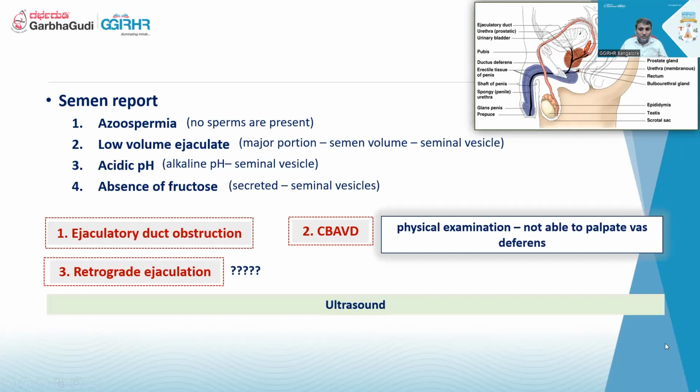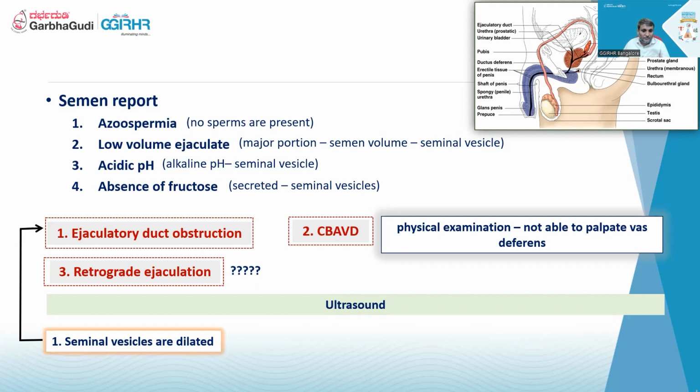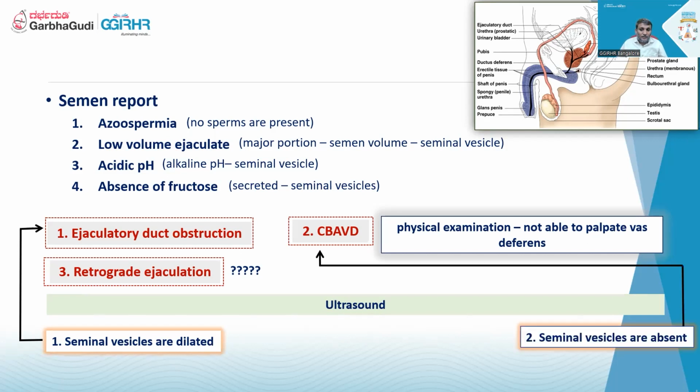Now, first you should do a physical examination. You should try to palpate the epididymis or vas deferens. If you are unable to palpate, then there is a congenital problem. If you are able to palpate, then you send the patient for ultrasound. In ultrasound, if the seminal vesicle is dilated, that means there is a block after that.